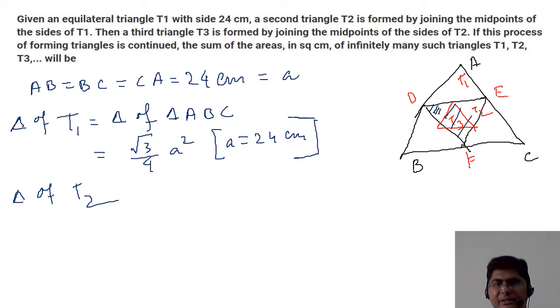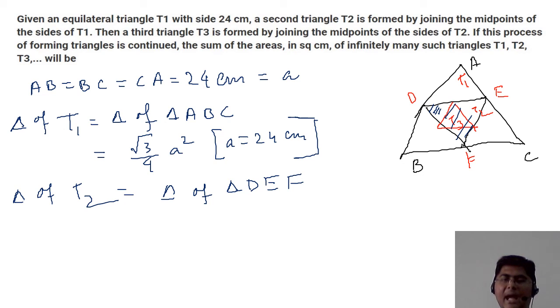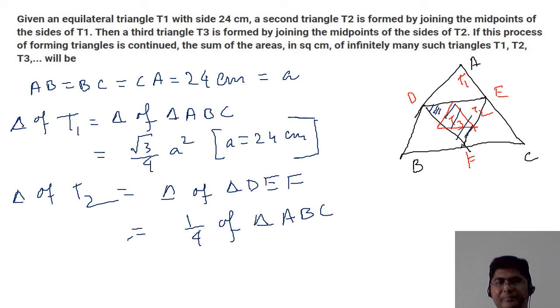This is the T2, so that means area of triangle DEF. Now if you know that this triangle DEF is how much fraction of ABC? It will be 1/4. So we can say that it is 1/4 of triangle ABC.